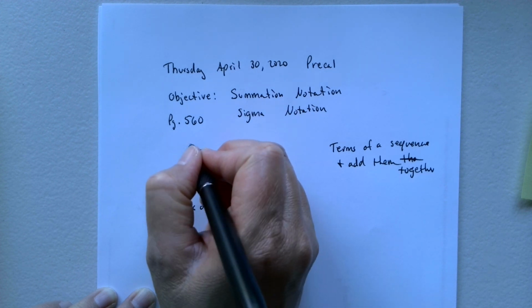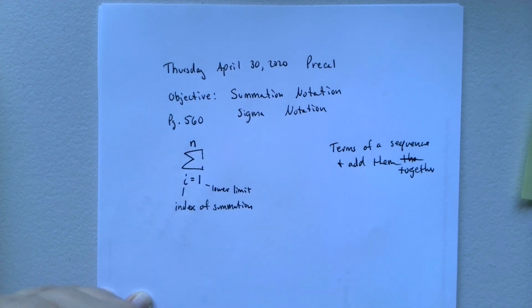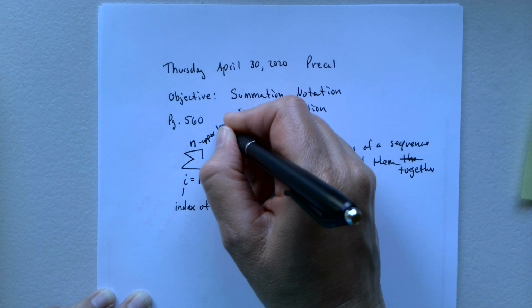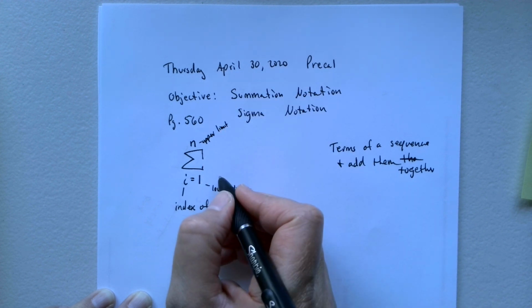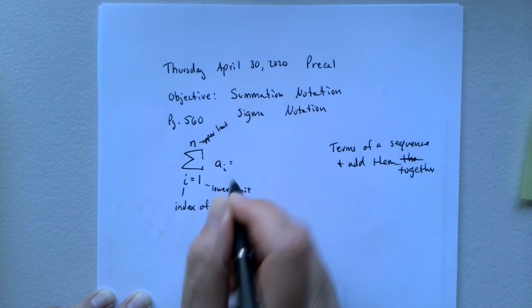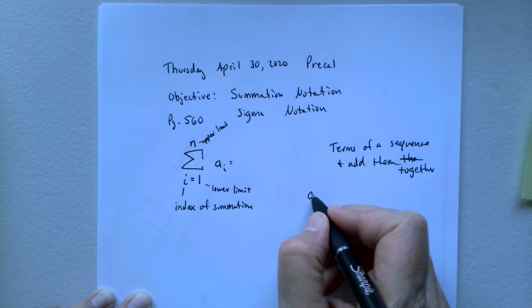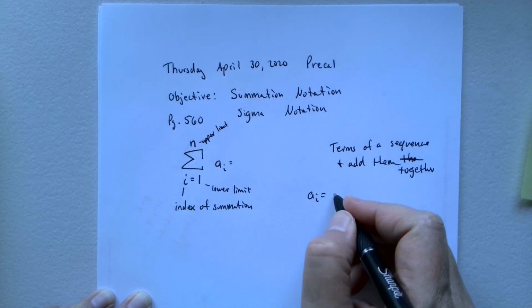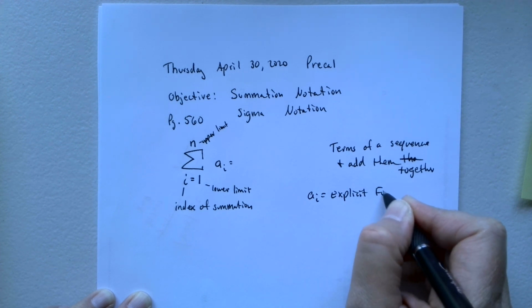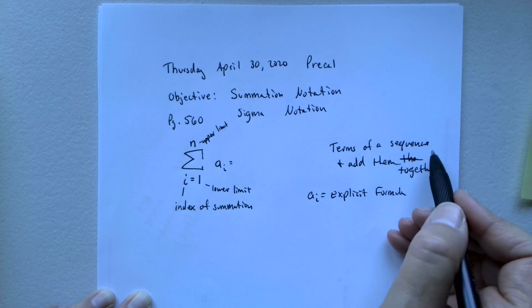And there will be a number up here. I was going to say N. And this is the upper limit. And then there's going to be an explicit formula right here. So the A sub I will be an explicit formula for the sequence.